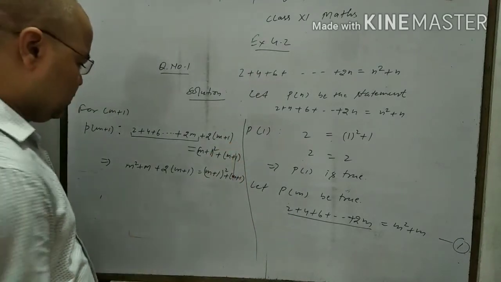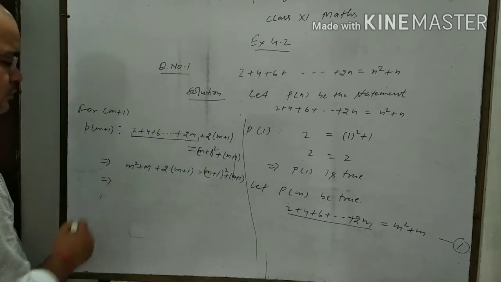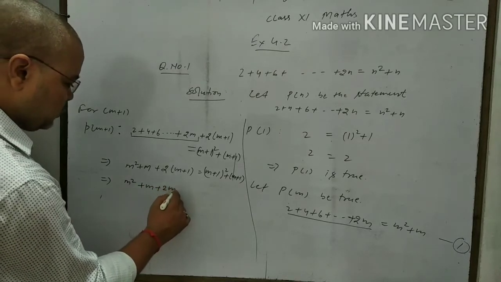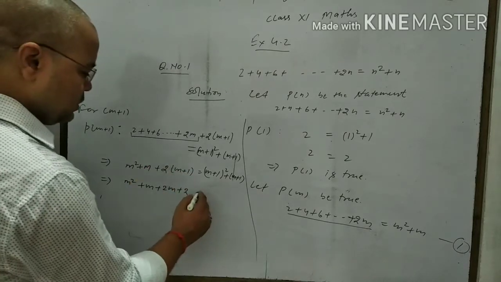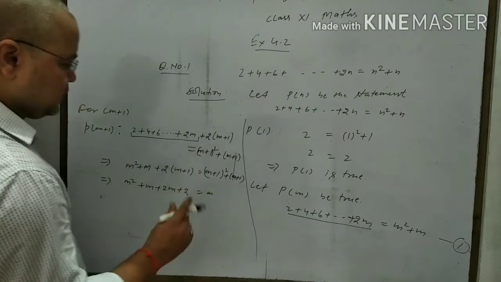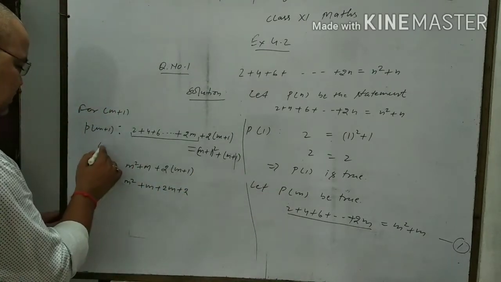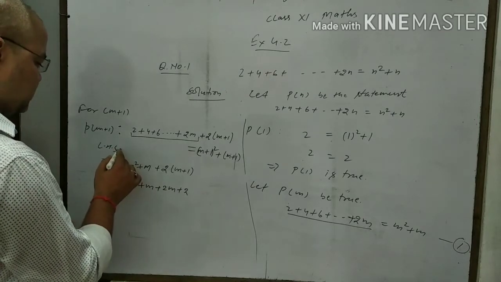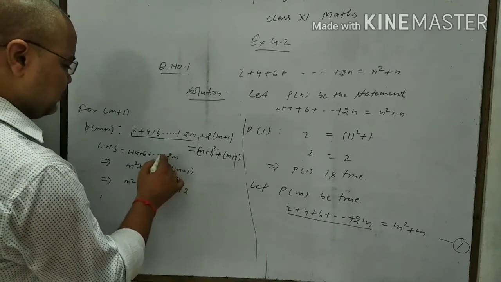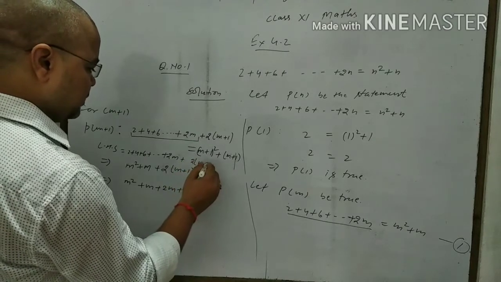I want to prove that here left hand side is equal to right hand side. It will be better if we take the left hand side here. Left hand side is equal to 2 plus 4 plus 6 plus up to 2m plus 2 into m plus 1.